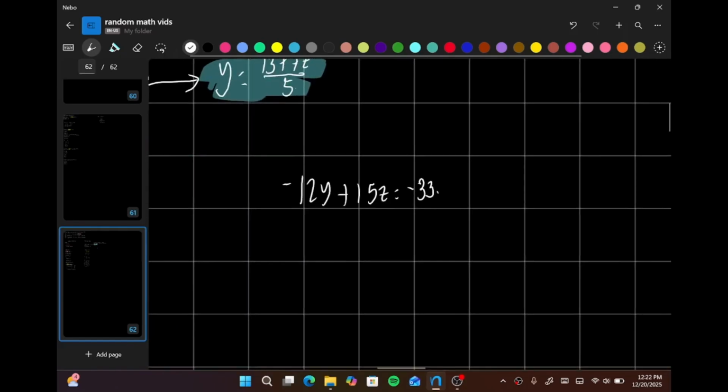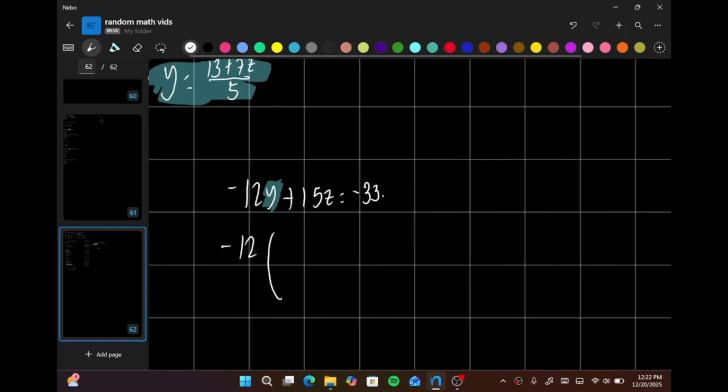And as I said a second ago, substitute this. So we're going to do negative 12 parentheses 13 plus 7z all over 5 plus 15z equals negative 33.